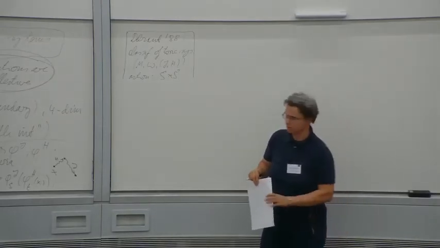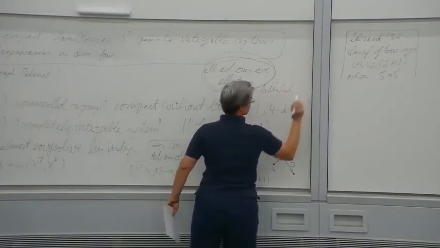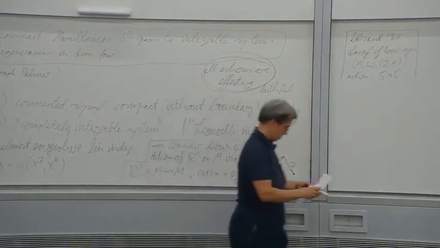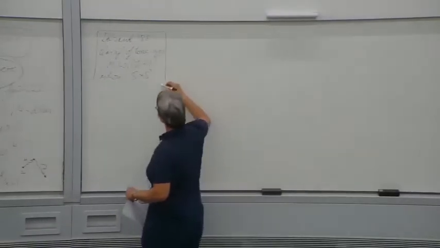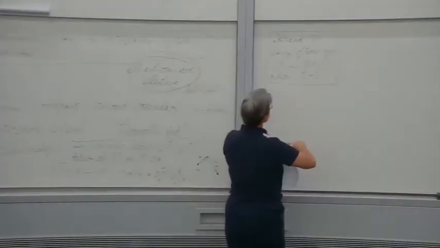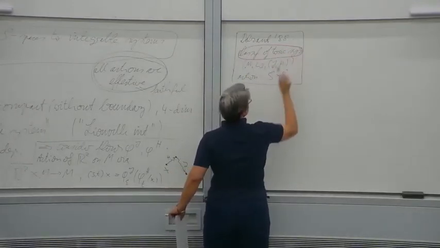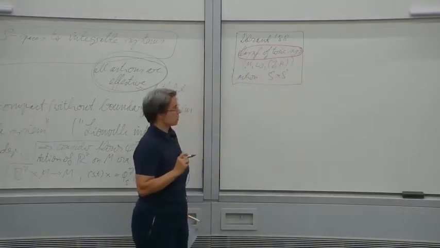Yes, precisely. Okay, and here we have this situation. The classification is actually very nice, because when you look at what is actually classifying this thing, it's just the image of the momentum map.